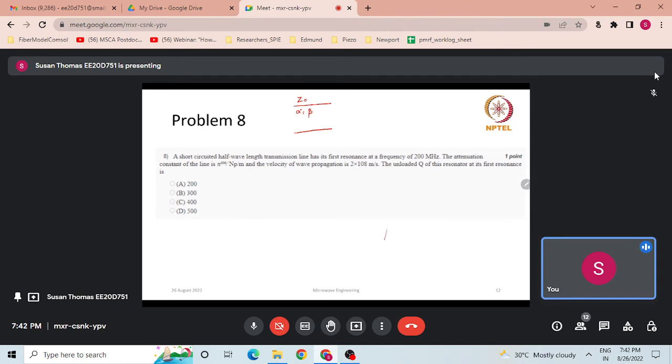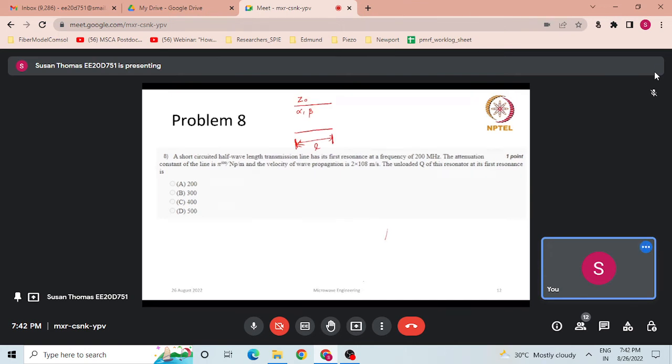So once you know a section of a transmission line of certain length, sometimes we also need to say whether it is terminated with a short circuit, with an open circuit, or with a matched line, and so on.